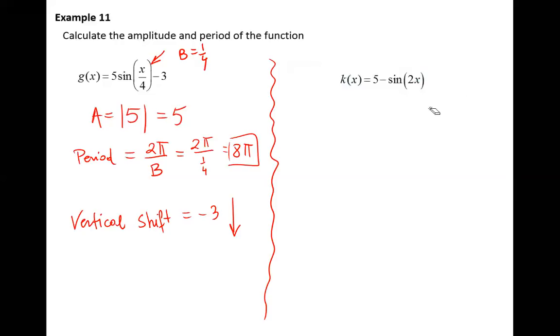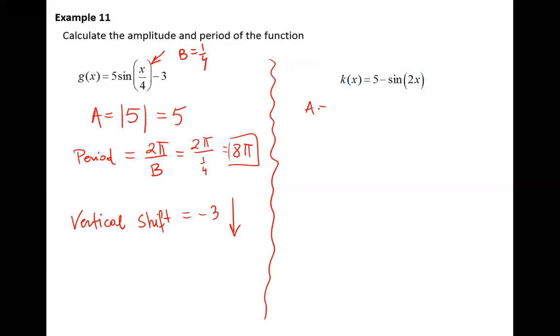Maybe let's get the graph of this one, because this one is too wide, but I can follow the same rules and graph this function. We have sine of 2x with a negative in front and a positive 5. That 5 will be the vertical shift. We have to shift the entire function 5 units up.